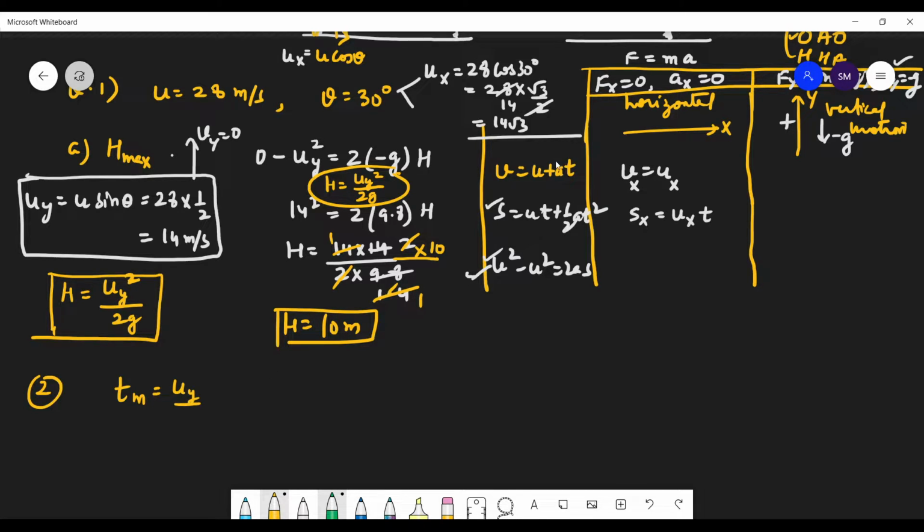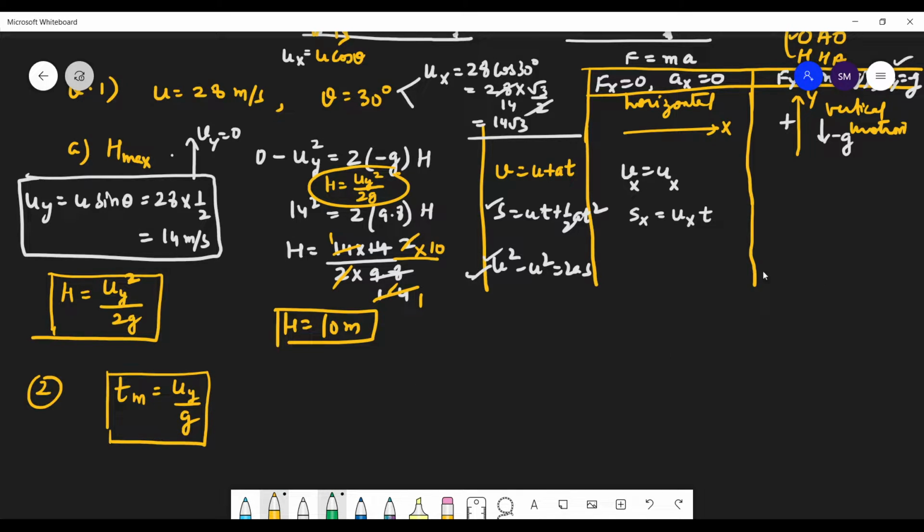You can take this minus GT to this side. So GT is equal to Uy. So T is equal to Uy upon g, the time taken to reach the maximum height.